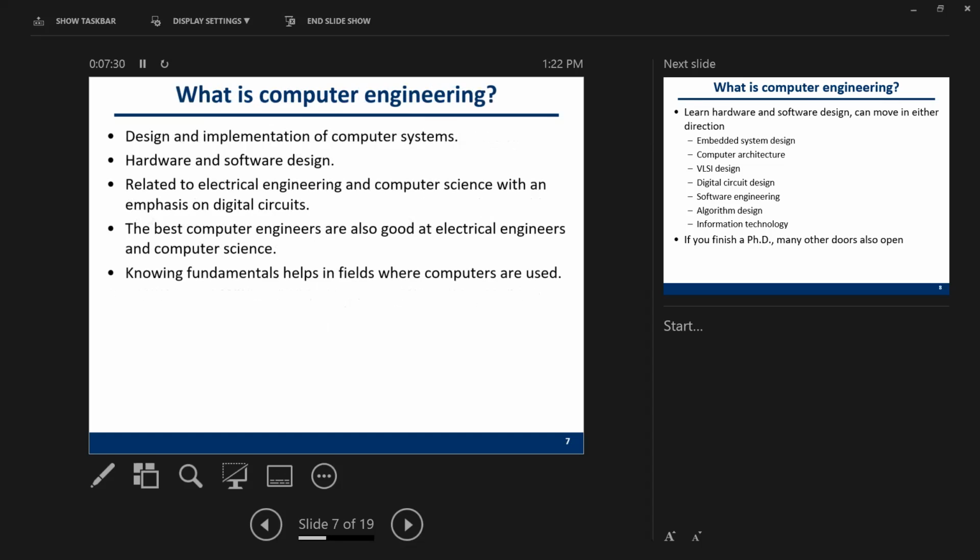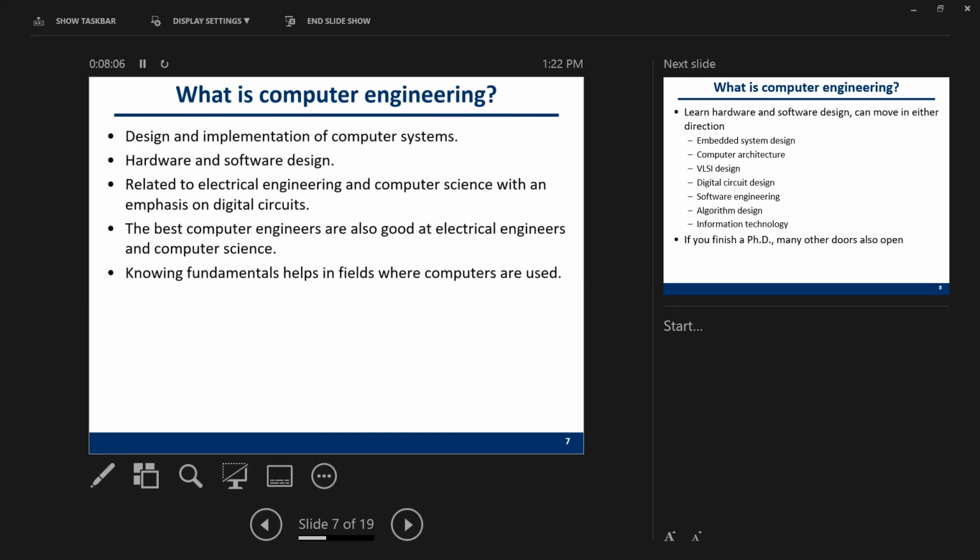Computer engineering is the design and implementation of computer systems. It includes both hardware design and software design, because in a system, you need to have software and hardware. For your projects, you can emphasize the hardware part or the software part, but you have to implement some circuits to do that.